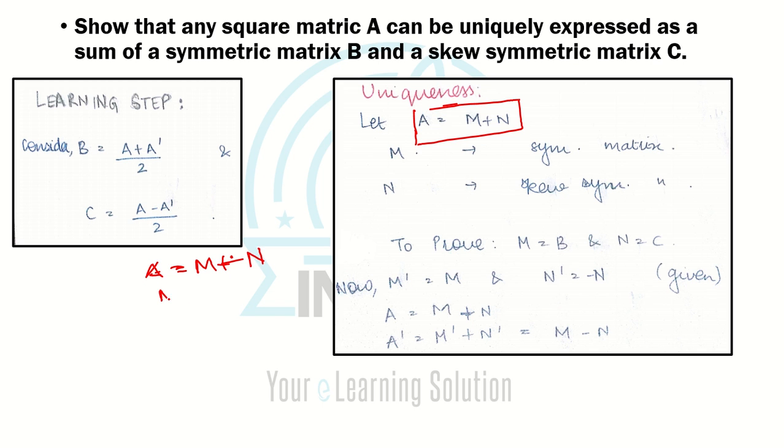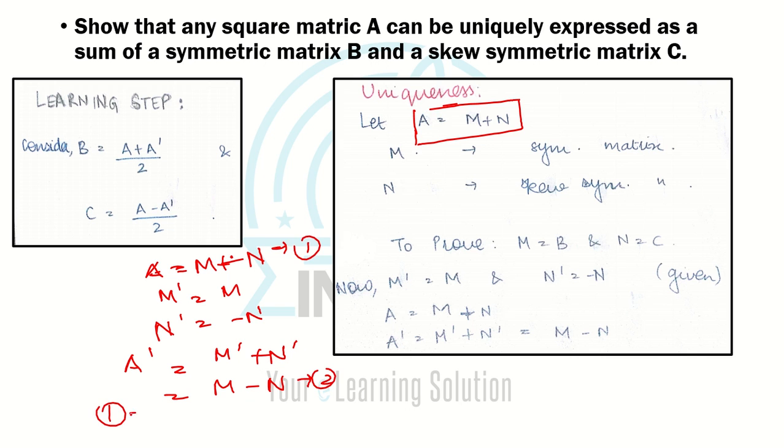And you know that M is symmetric, so that means M transpose is equal to M and N transpose is equal to minus N, because M is symmetric and N is skew-symmetric. This means A transpose is actually equal to M transpose plus N transpose, which is equal to M minus N. So now you have two equations. This is the first equation. This is the second equation.